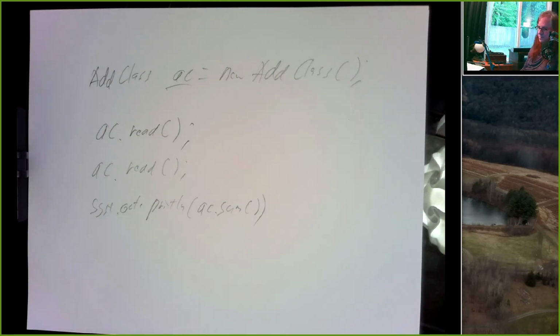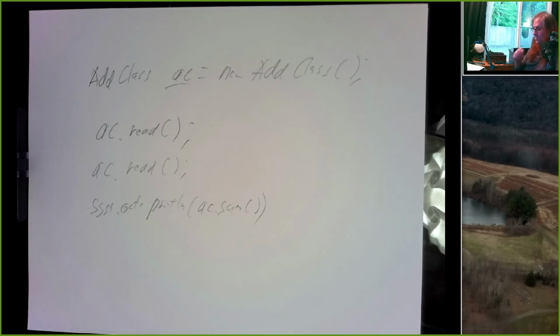Can I make a correction for what you wrote down? Yeah. So we say add class AC equals, I think is that AC? Mm-hmm. AC equals new add class. You have to put something inside those parameters. Nope. It's like system.in, right? Nope. No arguments to the constructor. Really?